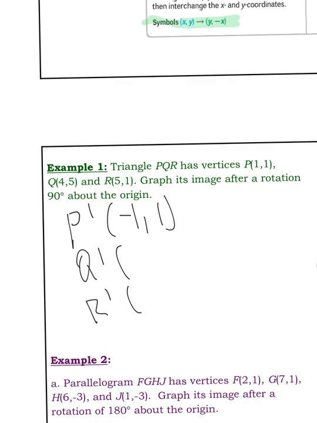So negative y comma x for q prime would be, well, 4, 5 turns into negative 5, 4. And now we'll look at the y coordinate on r, 5, 1, so 1 becomes negative 1, and then 5. Okay, so that's how I know what my coordinates are, and then I'll just plot those points over to the right.